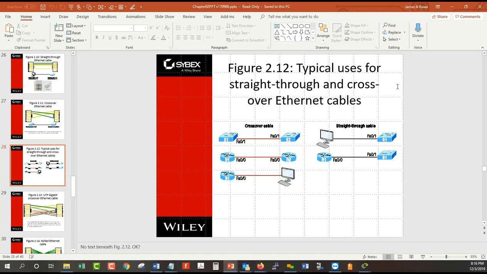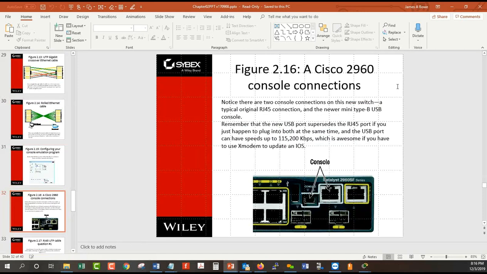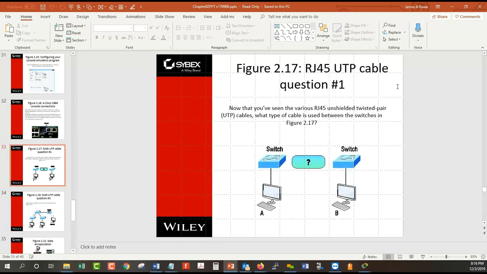Let's see what we got here. Okay. Moving on. So that's chapter 2.